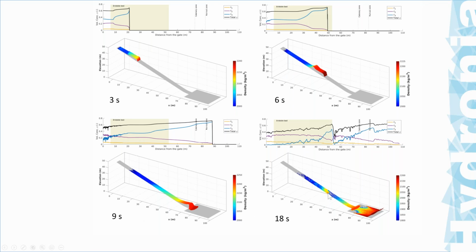Now look at this. You see here the roll waves developing on the slope of the channel. As we saw, we have a roll wave arriving downstream here. We have another roll wave starting to form here.